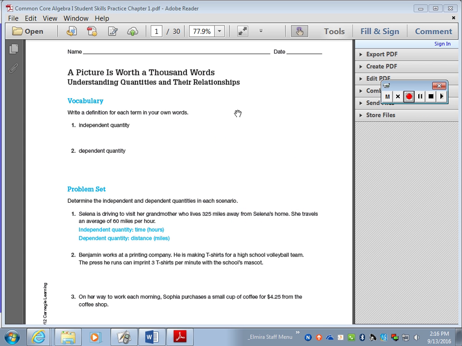Let's talk about the homework a little bit. I cannot stress enough how important it is for you to do the vocabulary part of your homework. The vocabulary section, they try to change it up and be different each time. Sometimes they want you to define something in your own words. Sometimes they ask you to look something up in the glossary. Sometimes it's matching.